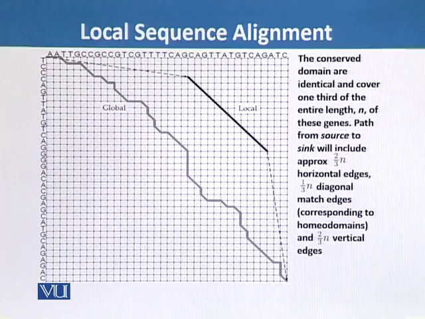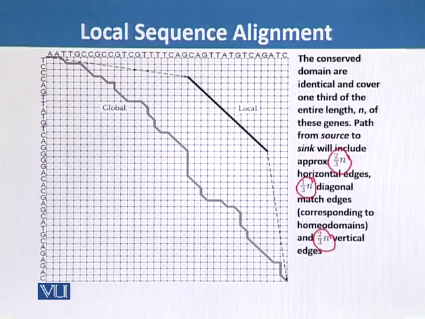So the path from source to sink will include approximately 2/3 n horizontal edges, 1/3 n diagonal edges, which are matches corresponding to the homeodomain, and 2/3 n vertical edges.